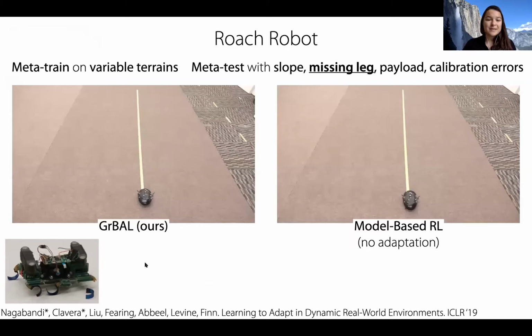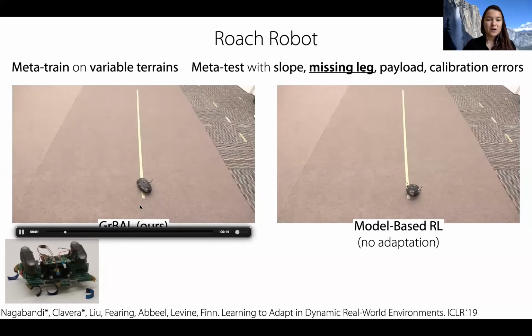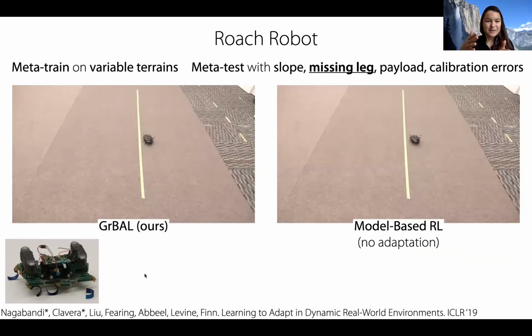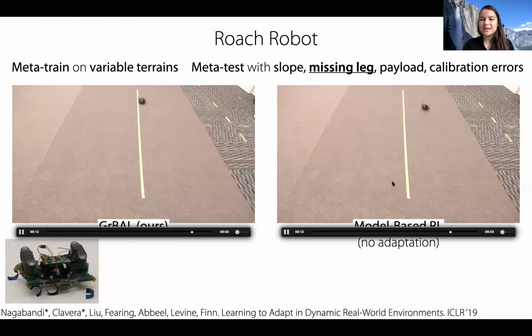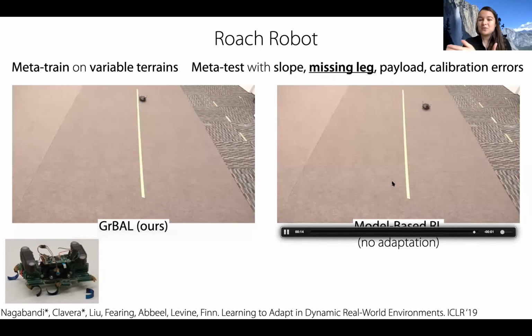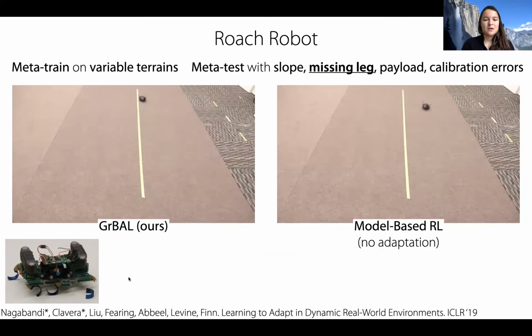And what we found is if we run our approach, it's able to effectively adapt its dynamics model in real time in order to walk in a straight line. Whereas in contrast, model-based reinforcement learning without this sort of adaptation tends to veer off to the right because it is missing the front right leg.